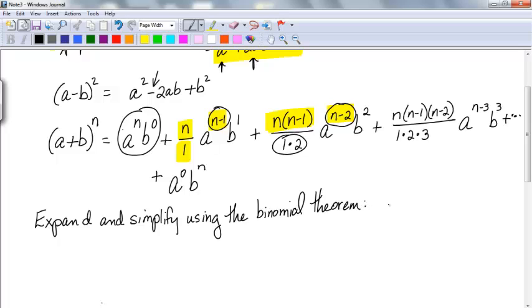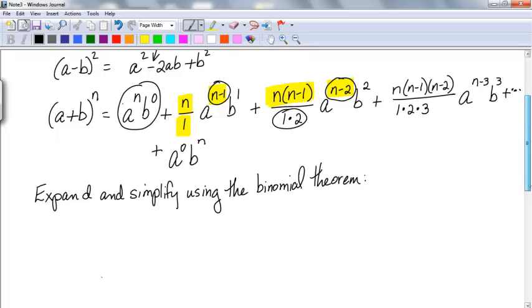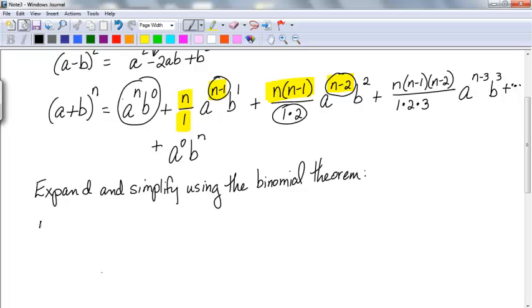Okay, so the directions will say expand and simplify using the binomial theorem. First problem. Let's say I give you the quantity x plus 2y, and that is to the third power. Let's go back up for a minute.